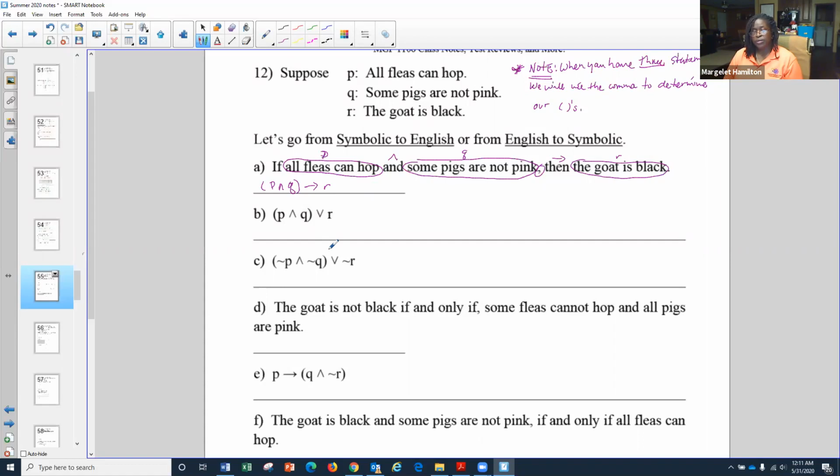All right. So we see we have one statement, two statements, right? So you have 1, 2, 3.